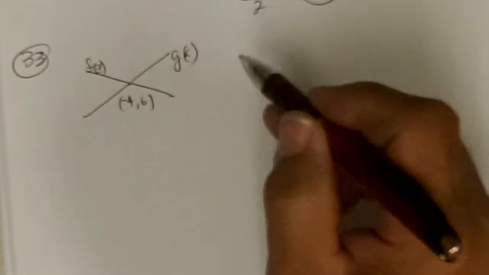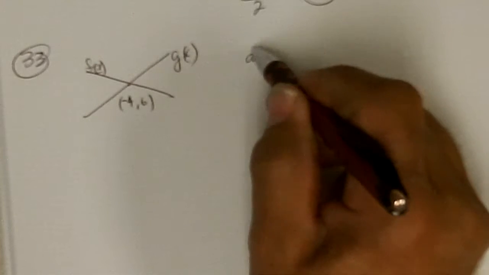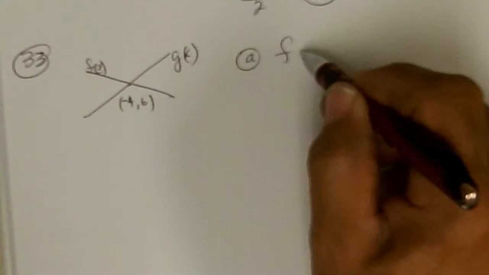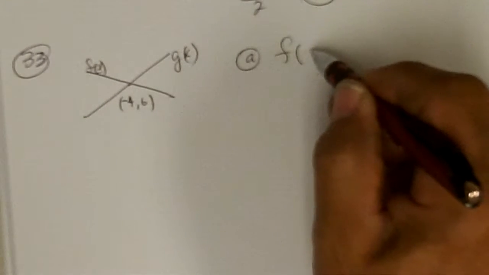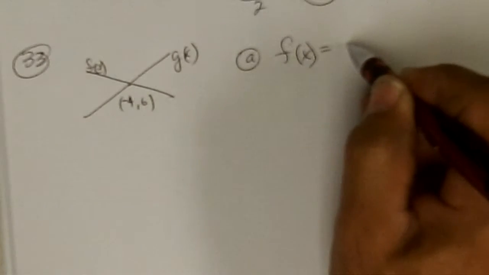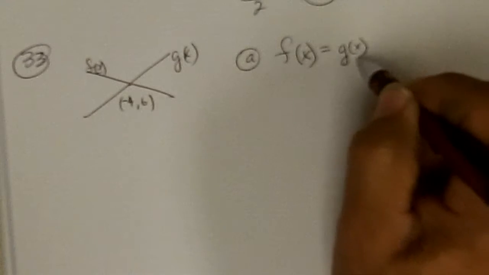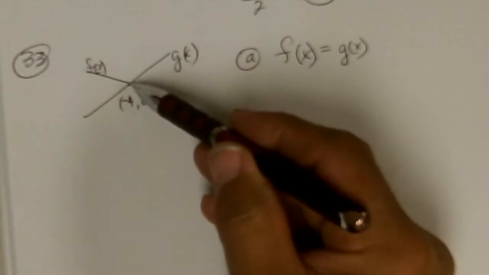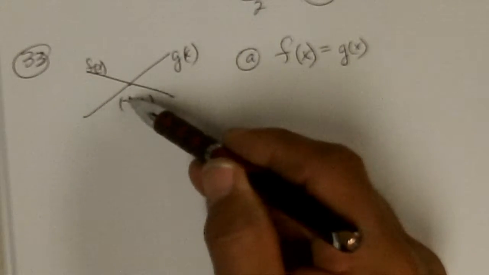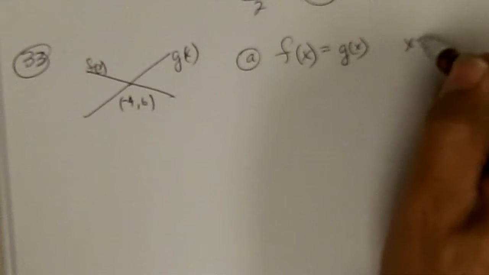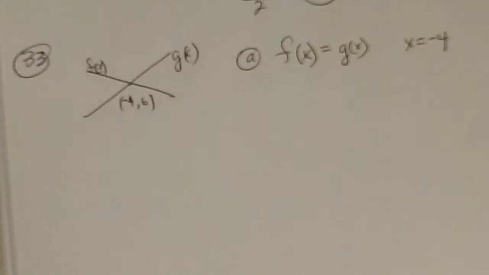It asks, solve when is the y value of f equal to the y value of g. Well, they're both the same height, same y value at -4. That's the solution there.